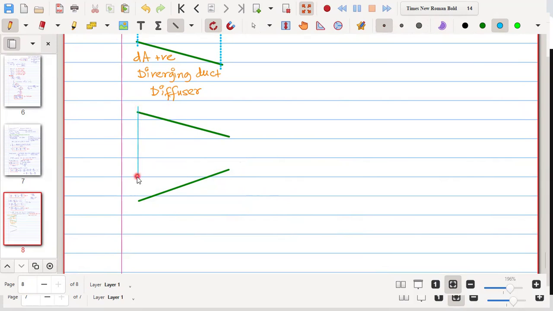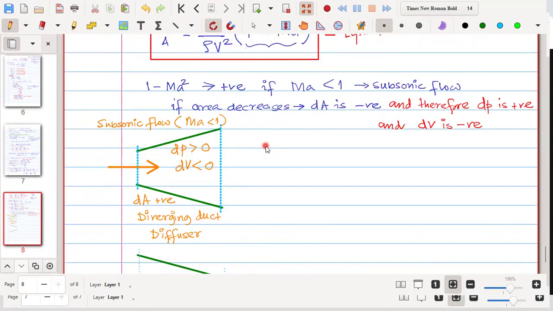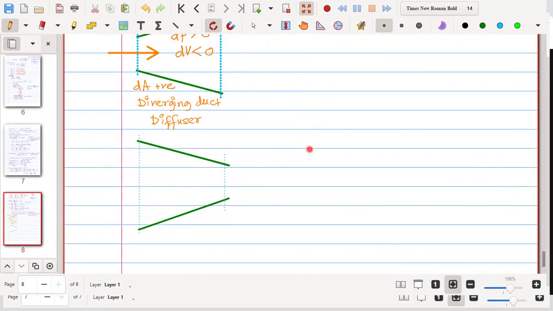So here you have one section. Here you have another section. Okay. Next is the subsonic case. Again, subsonic flow.